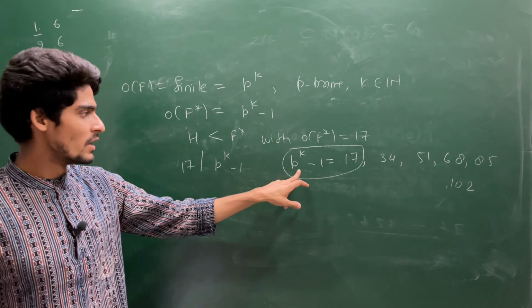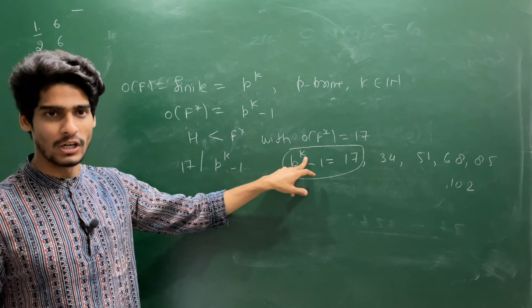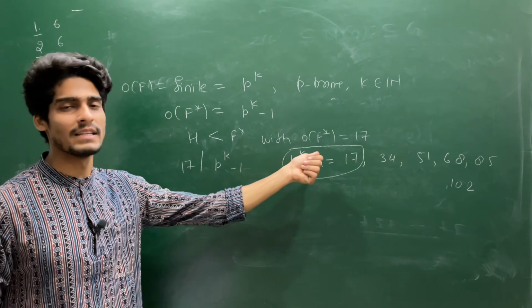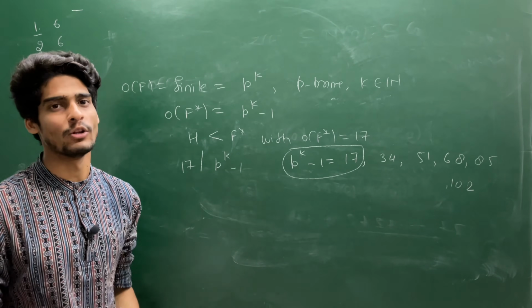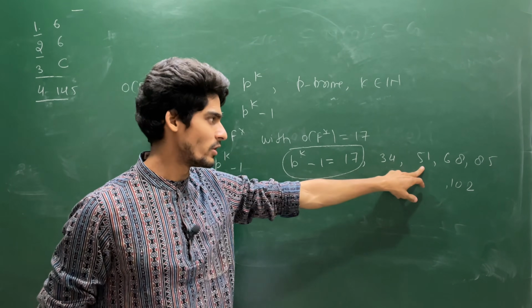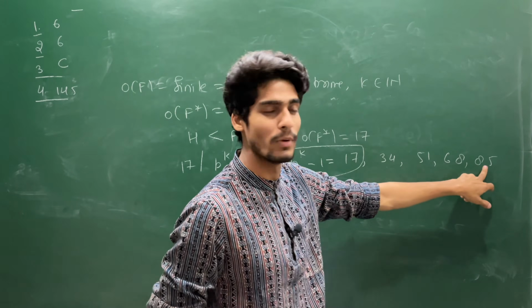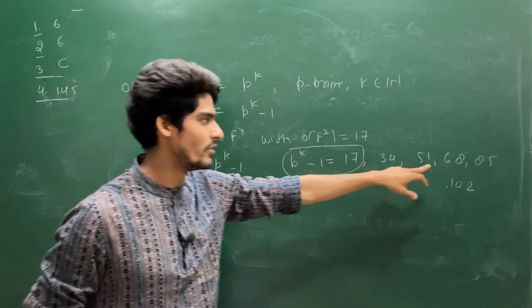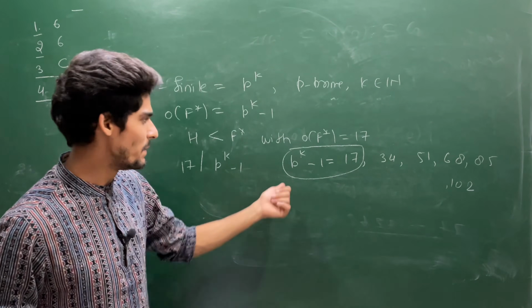No, because you cannot give me any prime p and natural number k so that p power k minus 1 is 17, or p power k is 18. Same argument for the others. You cannot give me any prime p and k so that p power k minus 1 will be 85, or p power k will be 86.